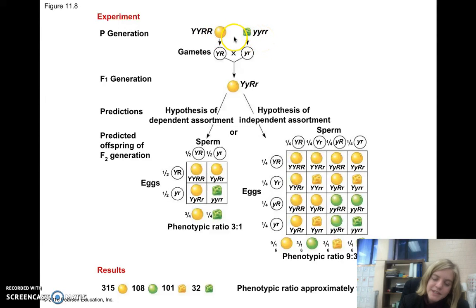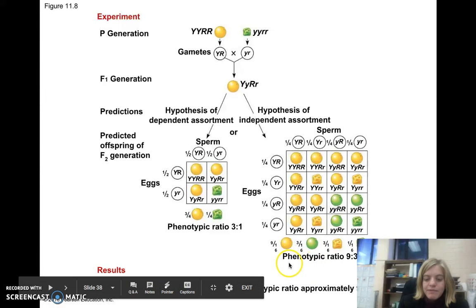When he crossed these, he saw that the entire F1 generation was heterozygous. Then he did a dihybrid cross with two heterozygous F1s, and what he found was a phenotypic ratio of about 9 to 3 to 3 to 1. So 9 round yellow seeds, 3 round green seeds, 3 wrinkled yellow seeds, and 1 green wrinkled seed.